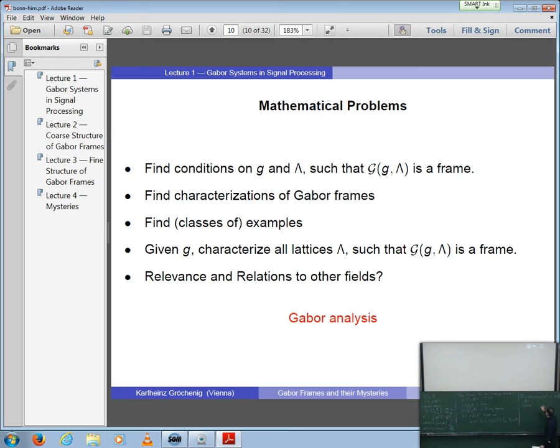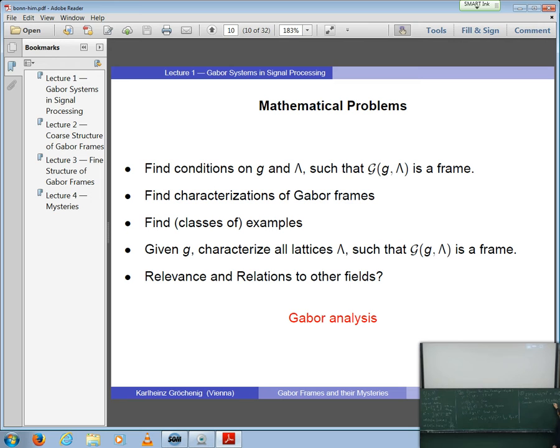The function that we are looking at is essentially, let's call it h of z, the absolute value of the inner product of f with pi z of g. So instead of just evaluating on the lattice, we take inner products with all time frequency shifts, and we study this function.